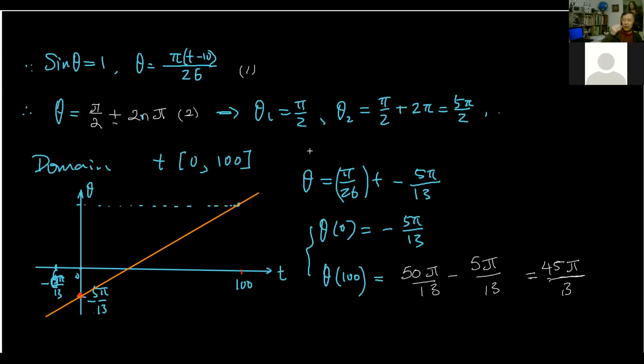All these values are possible, and this is the general formula, but we have to choose the right range, the right domain, because t is confined to 0 to 100.